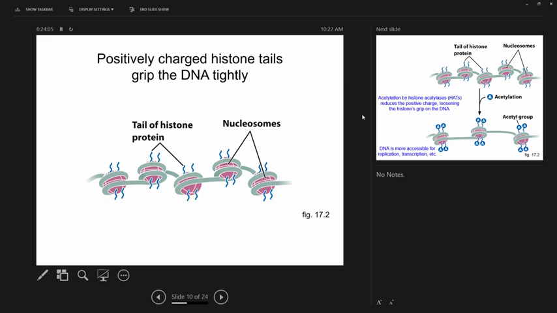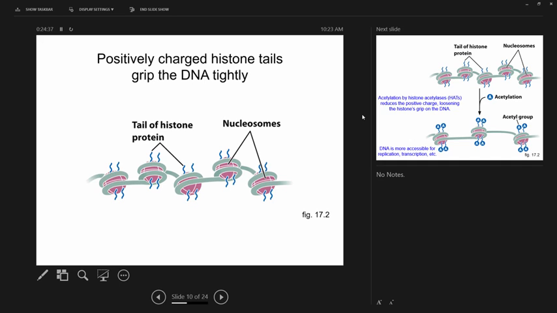Under normal circumstances, these tails will be positively charged, just like the histones. So they will be latched on and gripping the DNA tightly. I'm not so enamored of this picture that they've put in for the 6th edition of the book, because the tails are just sort of floating out and it doesn't look like they're grabbing the DNA at all. But these should be reaching around and gripping onto the DNA at this point, right? That means that the histones are interacting very tightly.